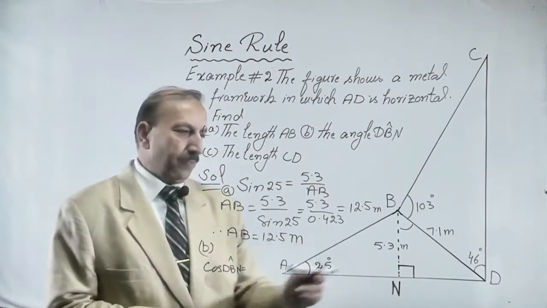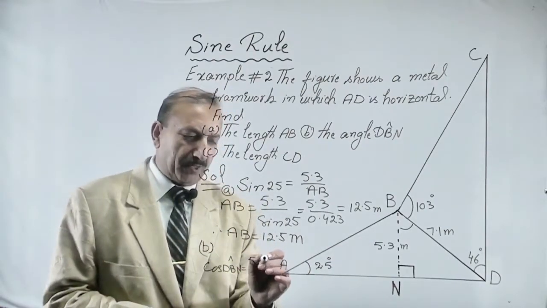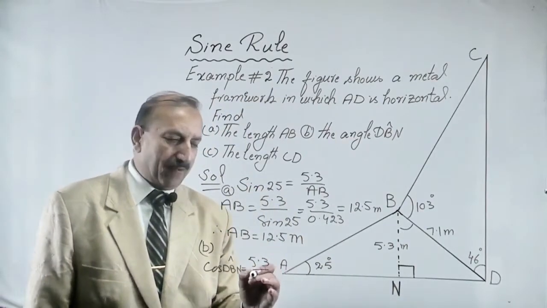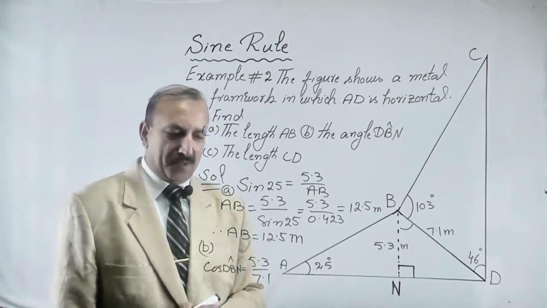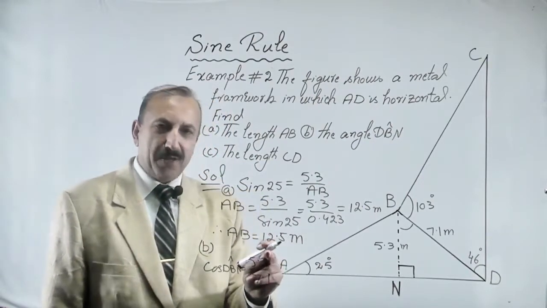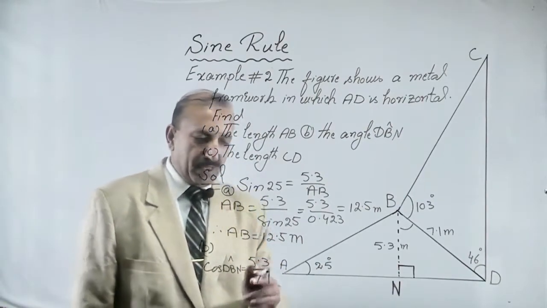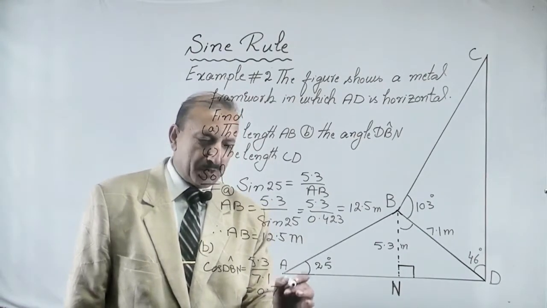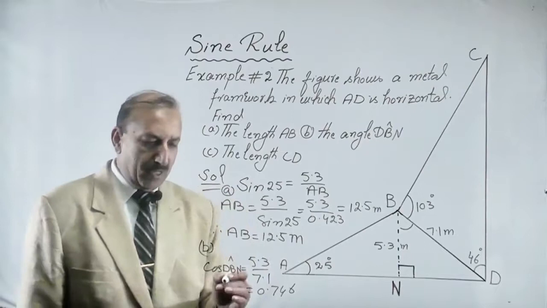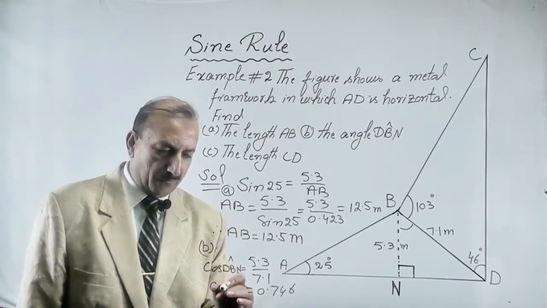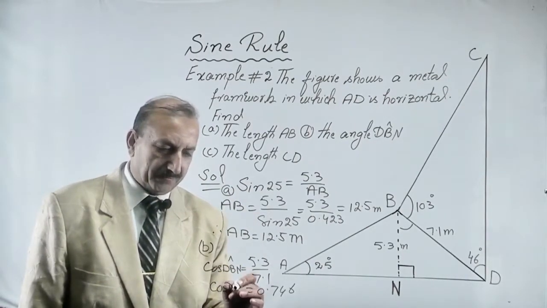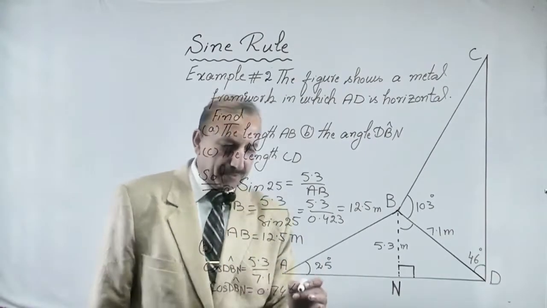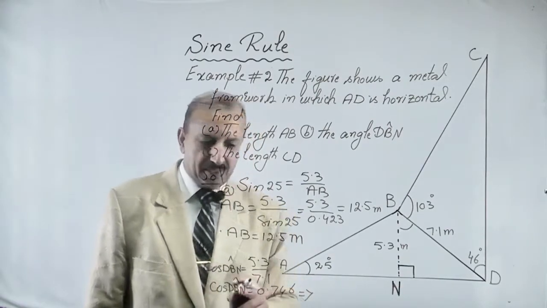This is equal to adjacent, this is 5.3, divided by hypotenuse, this is 7.1. Now let's divide 5.3 by 7.1, and we will get the value 0.746 by use of calculator, and this is cosine of DBN, this value, and it implies that we want to find this angle.